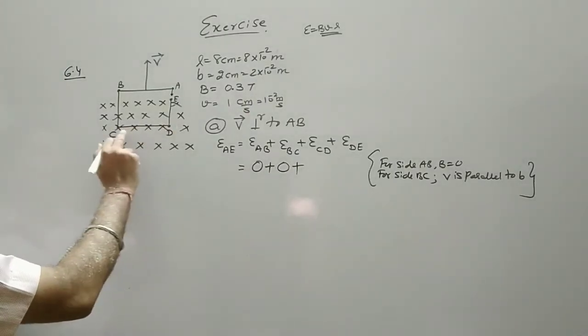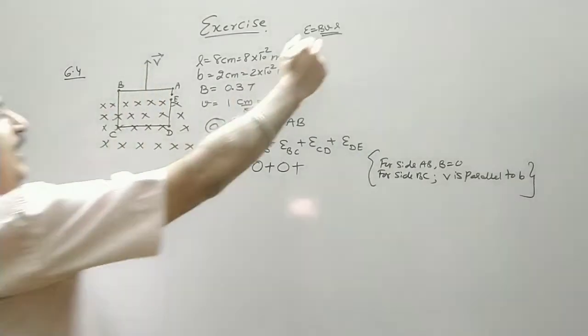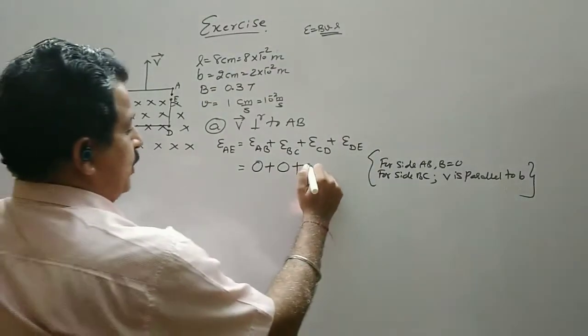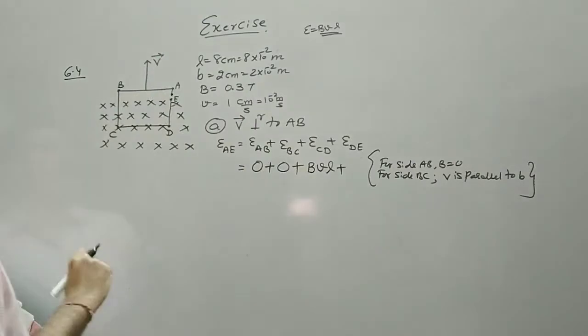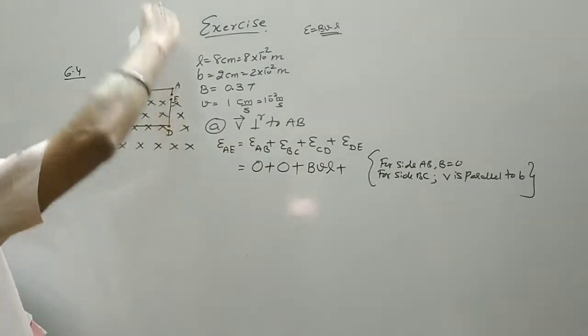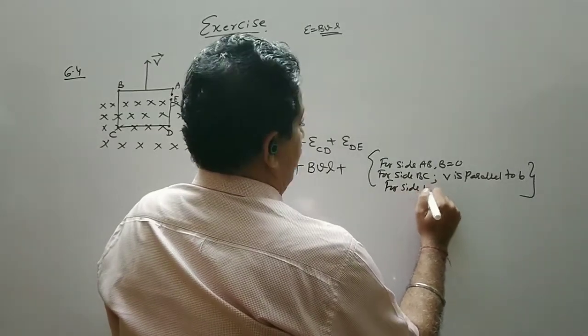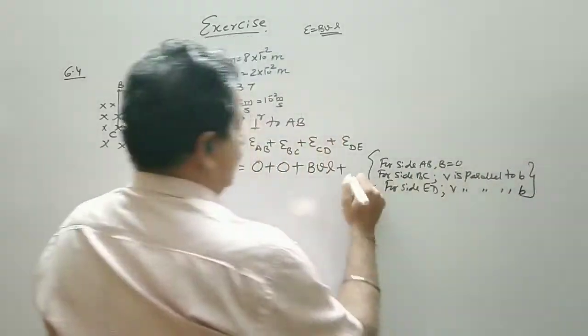Plus CD. Here the length is perpendicular to B, and V and L are both perpendicular to B, so EMF will be induced. It will be BVL. Plus DE. Again it is a shorter side, which is parallel to V. So for side ED also, V is parallel to the breadth, so it is 0.